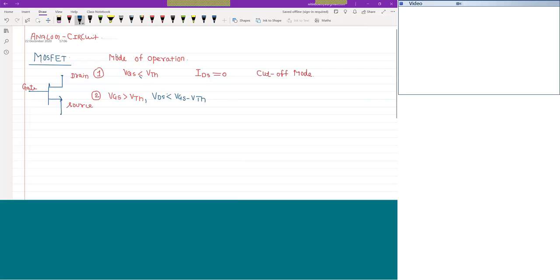The value of current IDS will be mu n into COX into W by L into (VGS minus of VTH) whole is into VDS minus VDS square divided by 2, and this mode of operation is known as triode region.